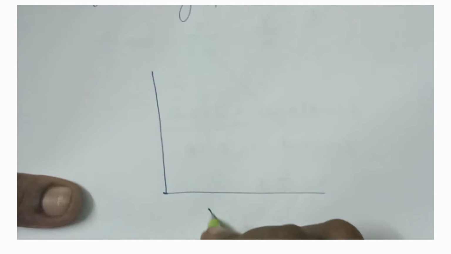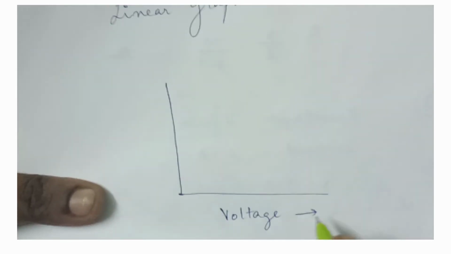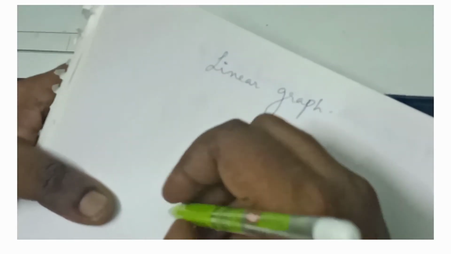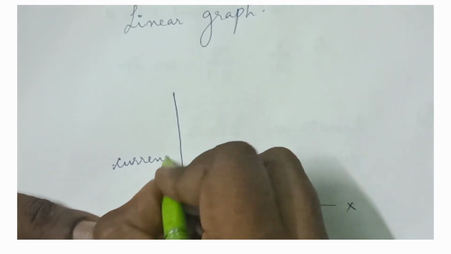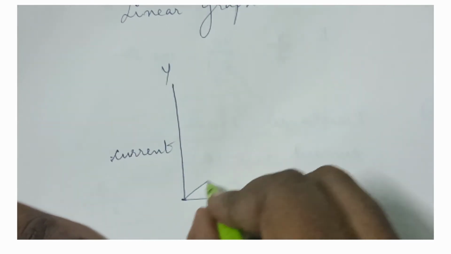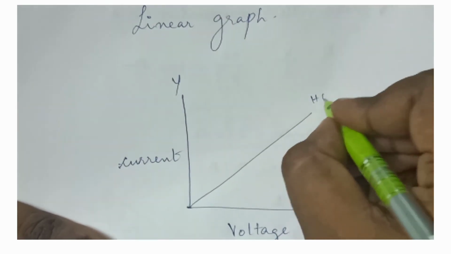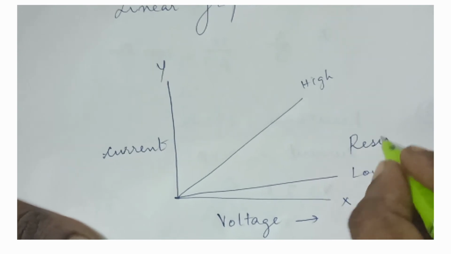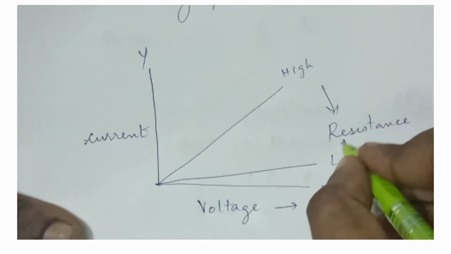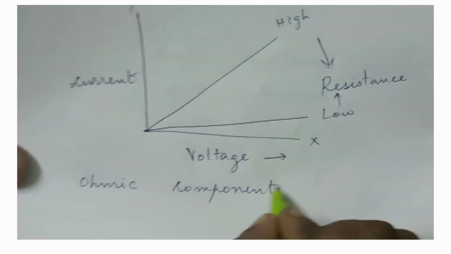While plotting the values of voltage and current in a graph, a linear curve was noticed. That is, a straight line was noticed, which means that when the voltage is increased, the current also is increased, whereas when the resistance is high, the current is lowered, and vice versa.